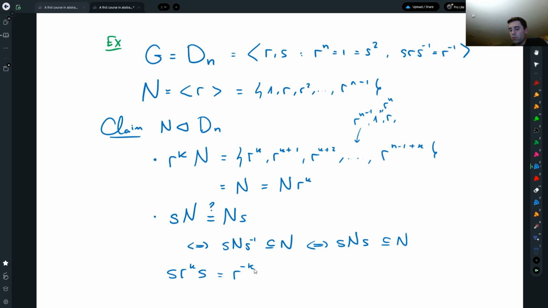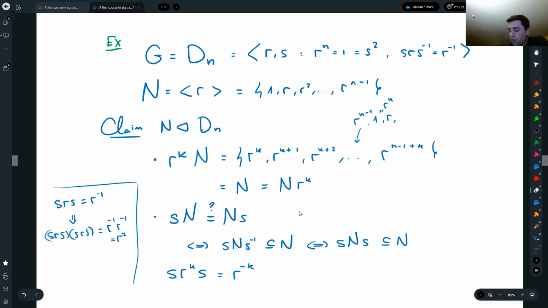This we've done a couple of times: because s r s is r inverse, if you multiply s r s times s r s, that will be r inverse squared, which is r to the minus 2. When you multiply, the s's cancel out and I get s r squared s.